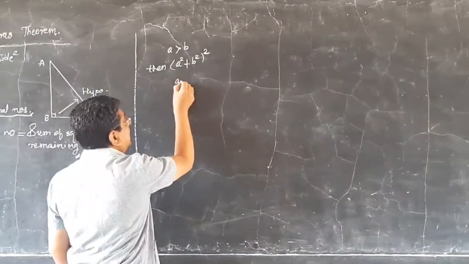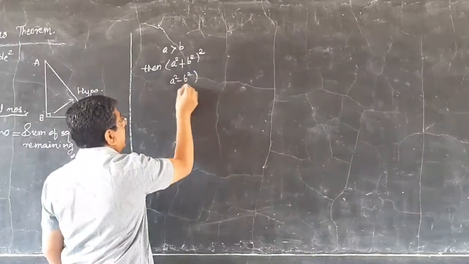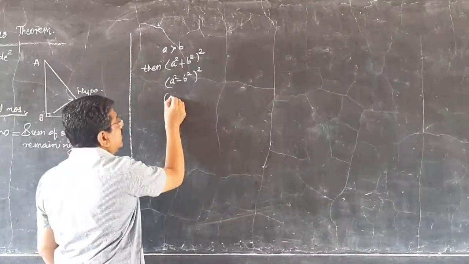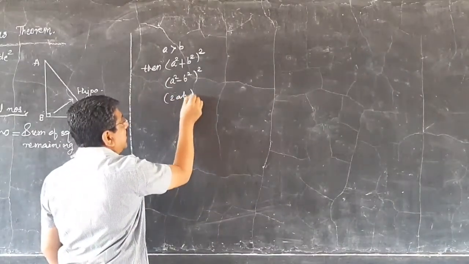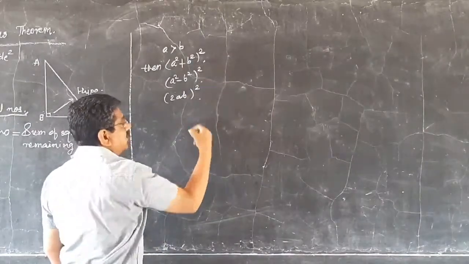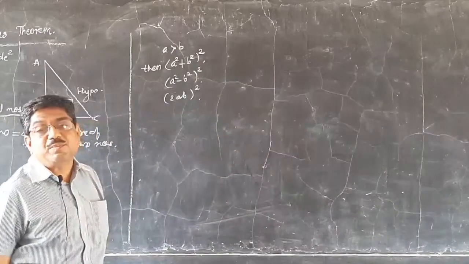Second number, A square minus B square, and third number, 2AB. These are the three numbers. It is called the triplet of Pythagoras.